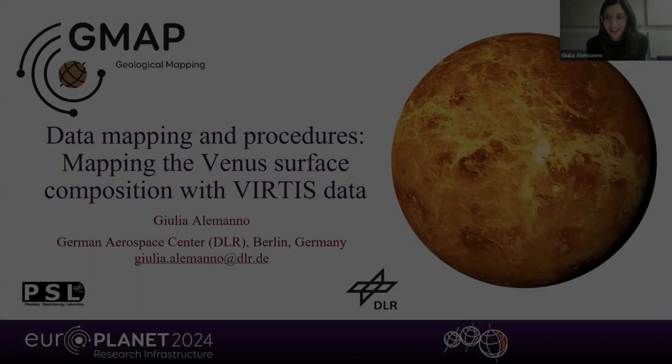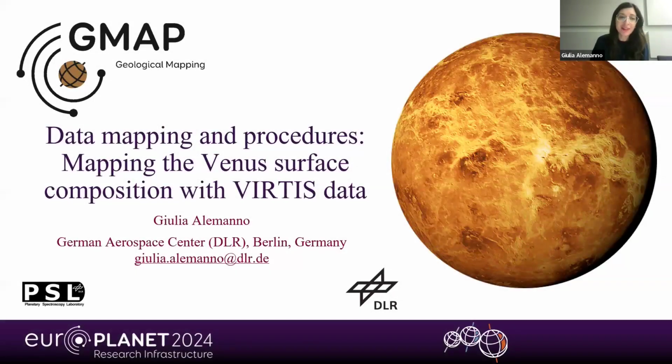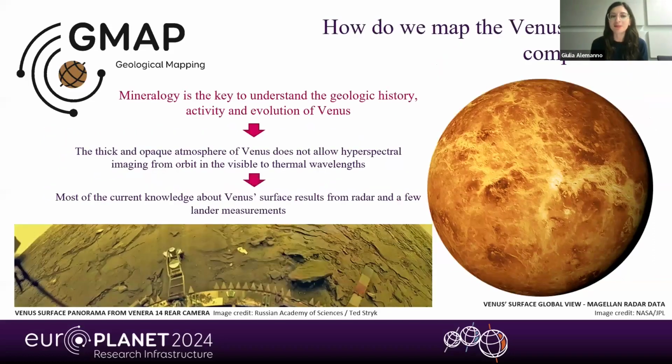So you have seen with Ivan how to map the geological structure present on the Venus surface. What we will see now is how we map instead the mineralogical features on the Venus surface. Because mineralogy linked to the geological information is key to understanding the geological history, the activity, and the evolution of the planet.